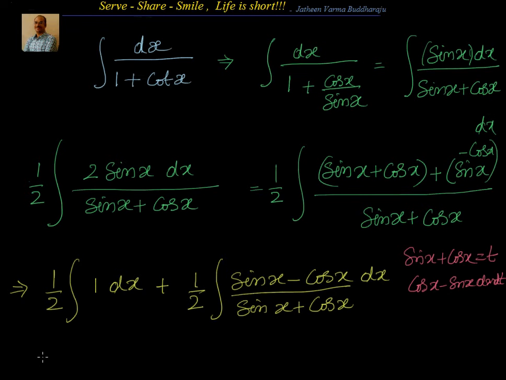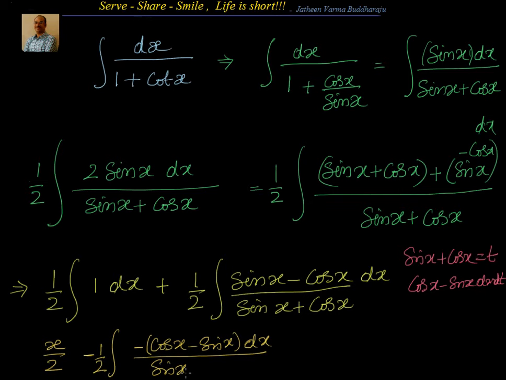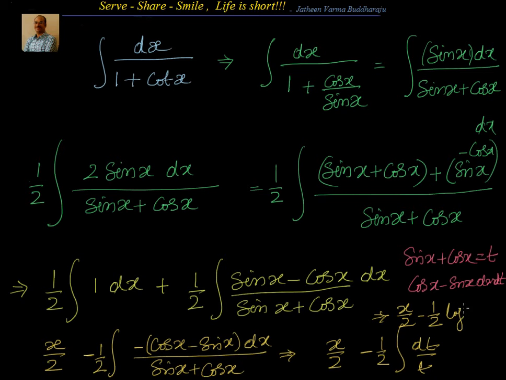So I can write down the next step as integral of 1 is x, so I can say x by 2 minus of, I have taken minus out, so I'll have minus of cos x minus sin x dx divided by sin x plus cos x, which is nothing but equal to x by 2 minus half of integral of dt by t, which is equal to x by 2 minus half of log t, but t equal to sin x plus cos x, plus c.